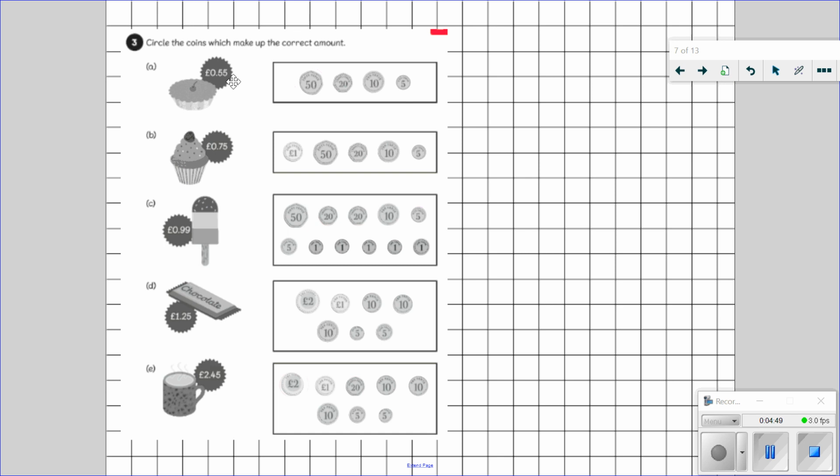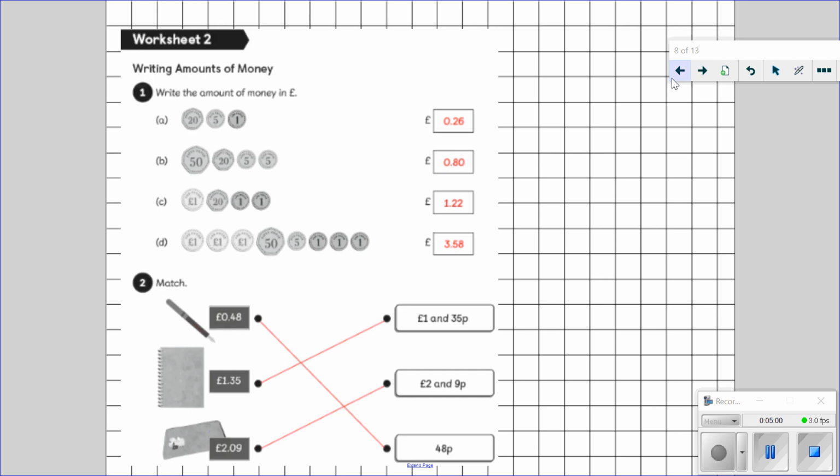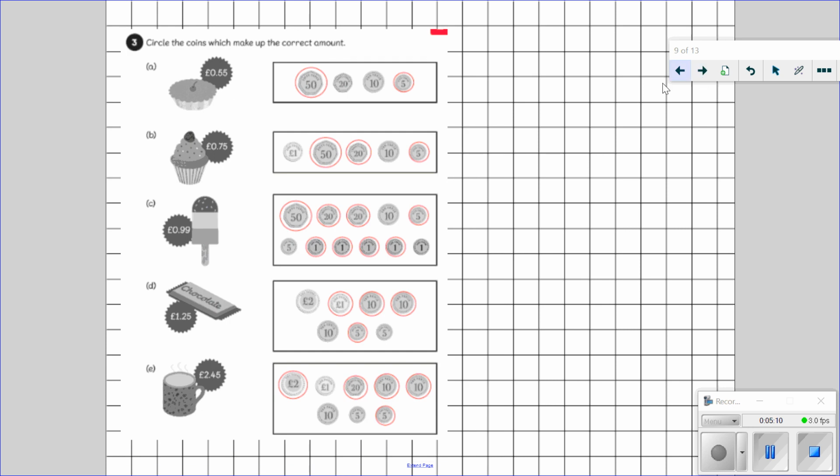So this little pie is 55p, so you have to choose which of these coins you would use to make 55p. And here are your answers for questions 1 and 2. And here are the answers for question 3.